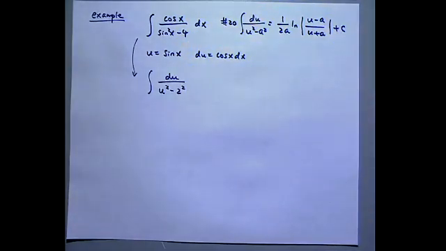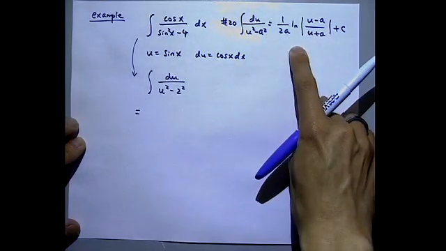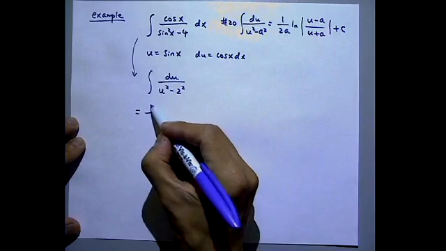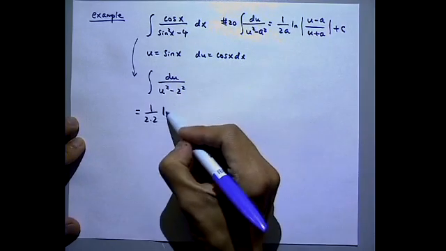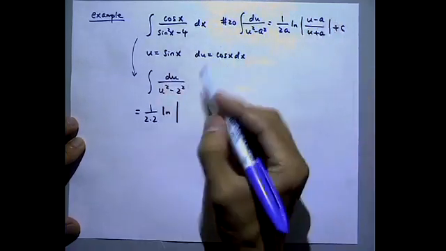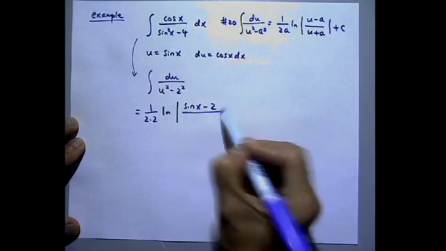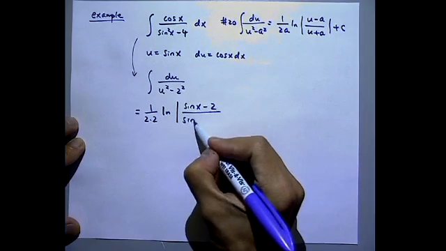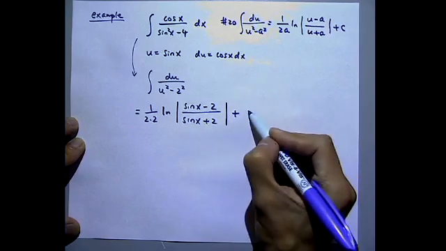And 4, of course, is 2 squared. Then the formula says it's 1 over 2a, 1 over 2 times 2, natural log of the absolute value of u, u is sine, minus a over u plus a, plus some other constant c.